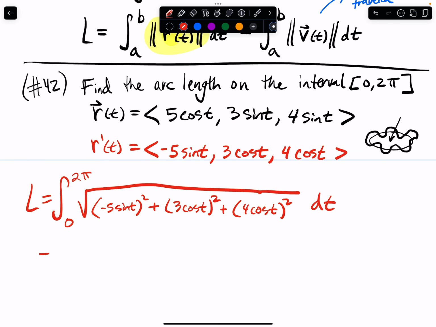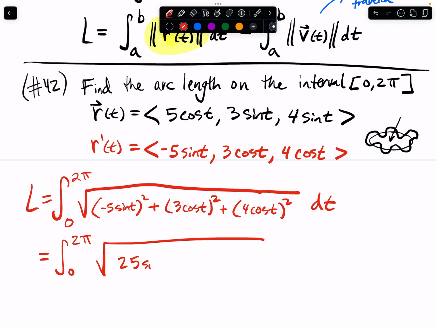So this is the integral from 0 to 2 pi of, okay, negative 5 squared is 25, so 25 sine squared t plus 9 cosine squared t plus 16 cosine squared t.